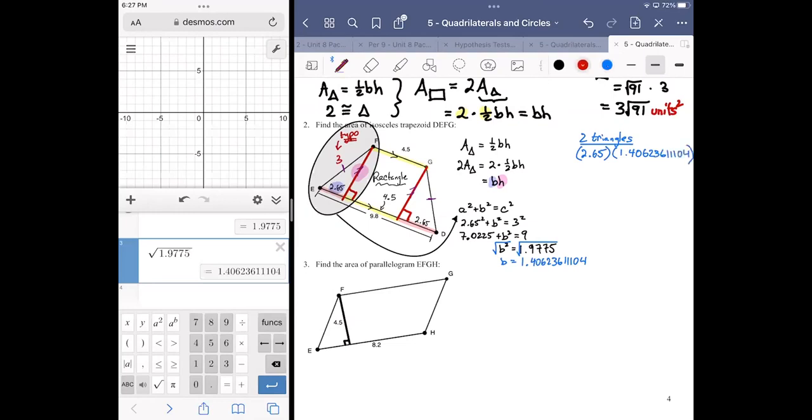Then I'm going to add to that the area of the inner rectangle, which has dimensions of 4.5 multiplied by that height.